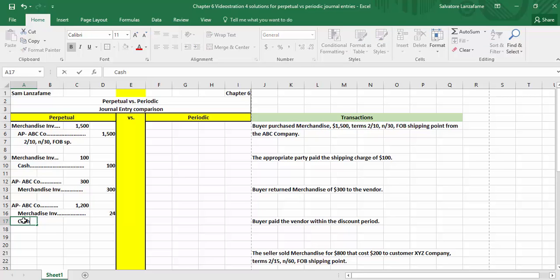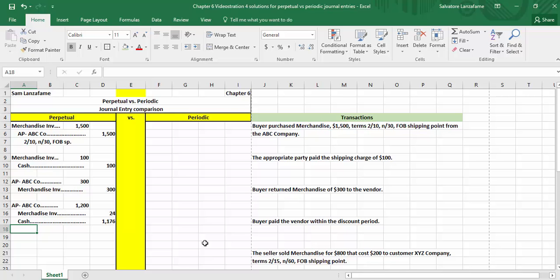If I'm saving $24, that means the cash payment is basically the difference between the 1,200 and the 24. So as the buyer, we saved $24 by paying within 10 days. This entry would have been different if I paid after the 10 days. If I paid after, I would be debiting AP for 1,200 and I would be crediting cash for 1,200 because I didn't take advantage of the discount.